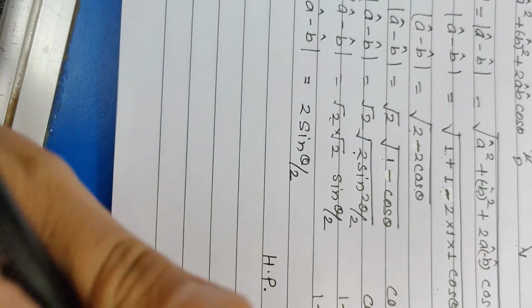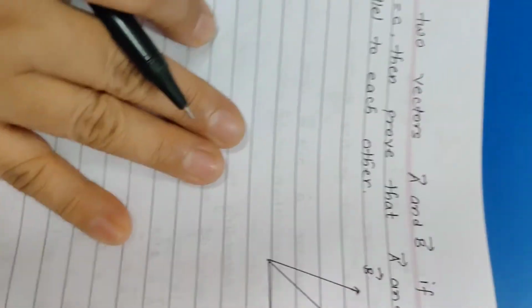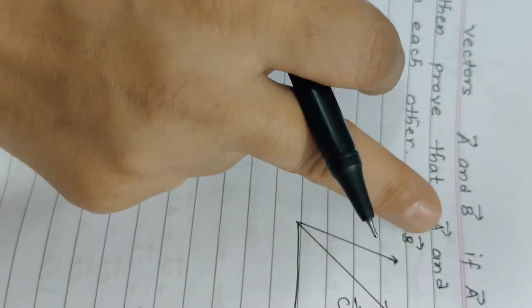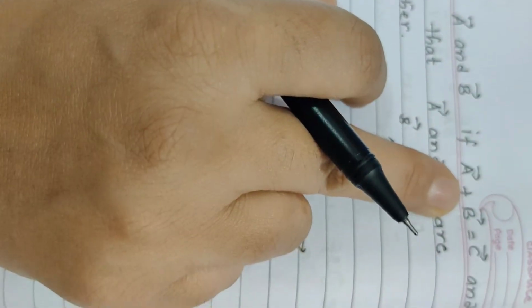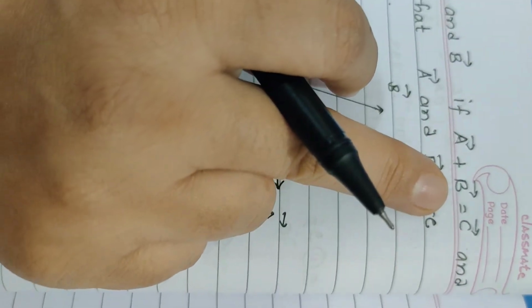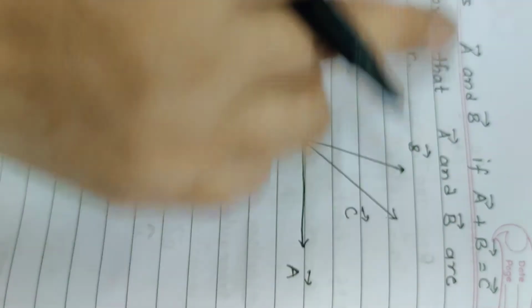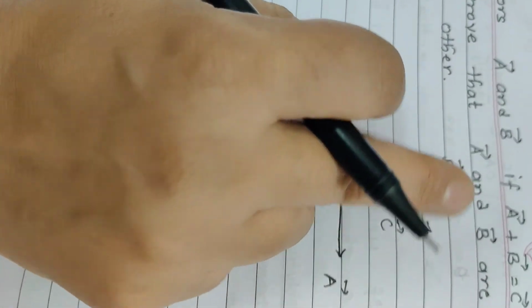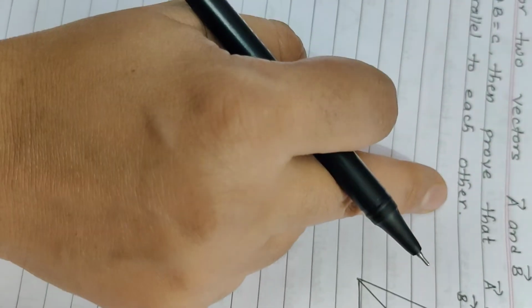Okay. So now another question we'll see. This is another question: for two vectors a and b, if vector a plus vector b equal to c and the magnitude a plus b equal to c, then prove that vectors a and b are parallel to each other.